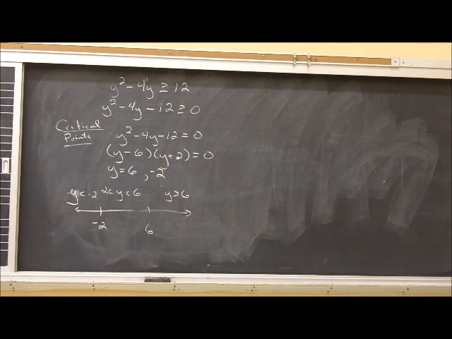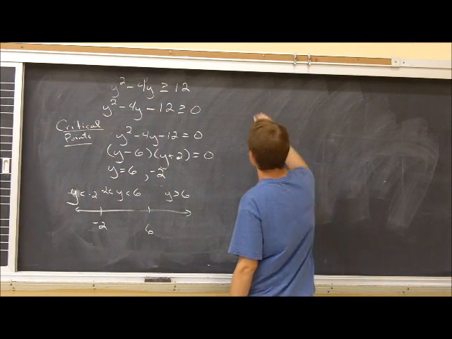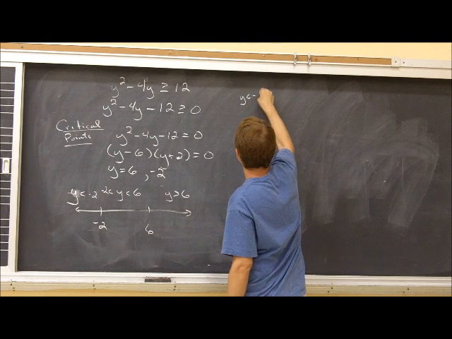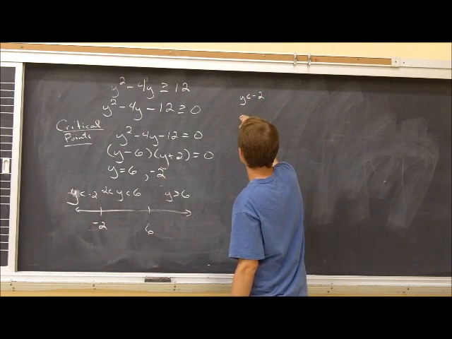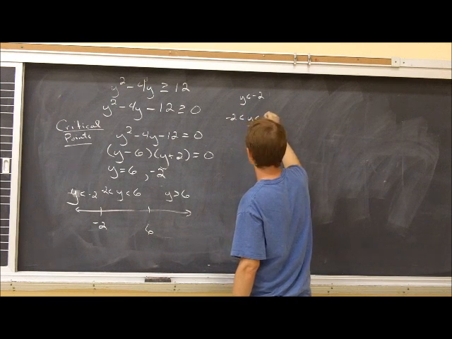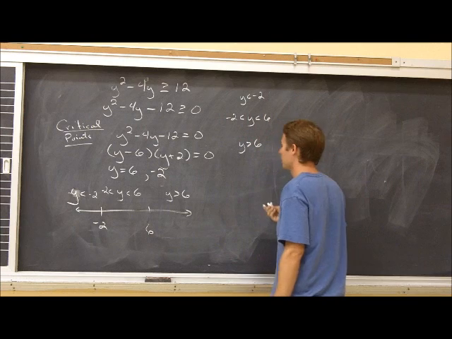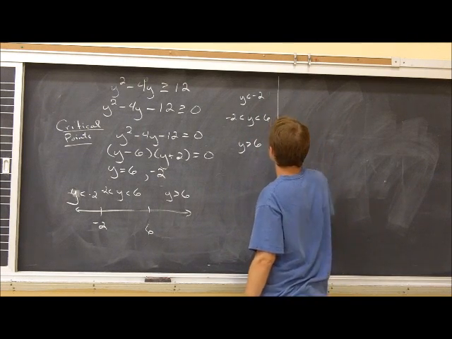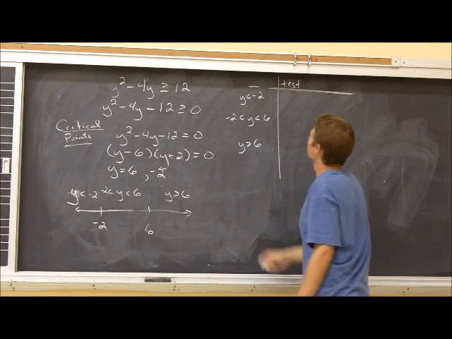So let's test these to see where the positive and negative intervals are. So I'll be testing y is less than -2, y is in between -2 and 6, and then y is greater than 6. All right, we'll pick some test intervals here.